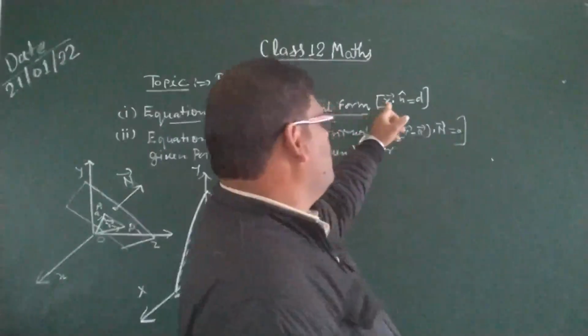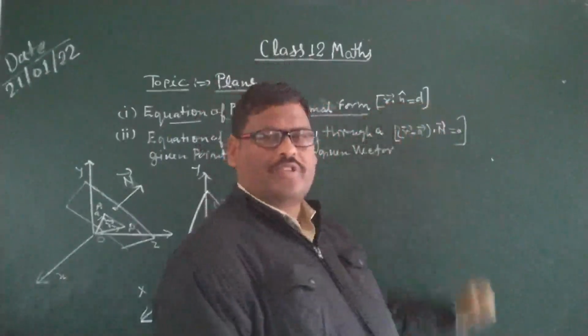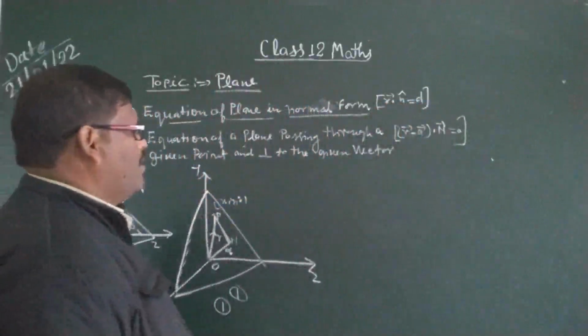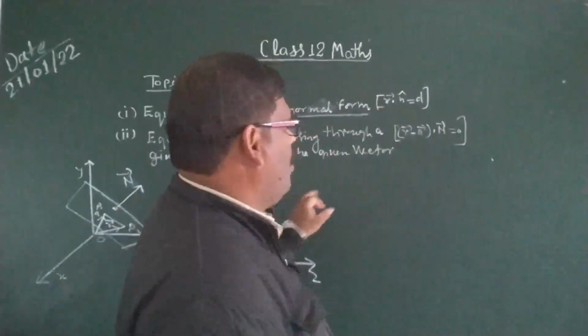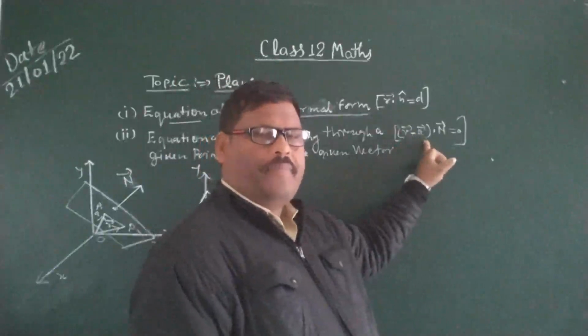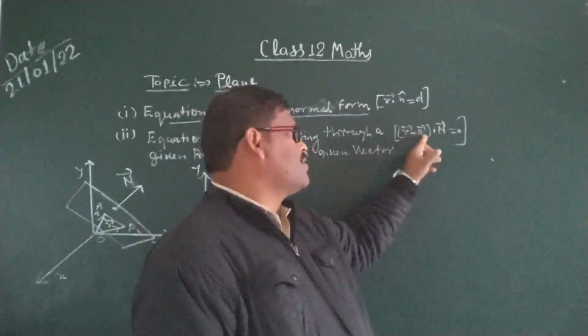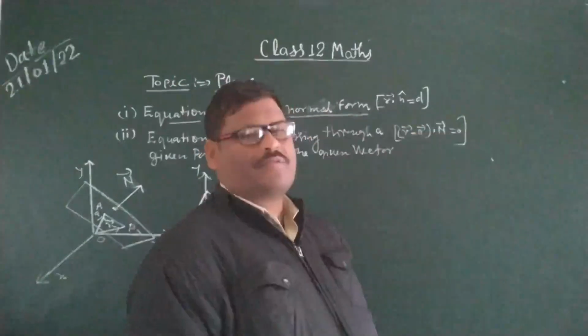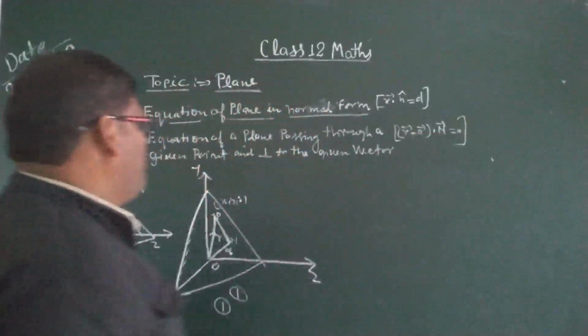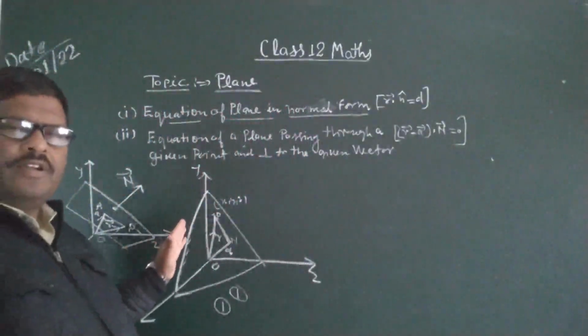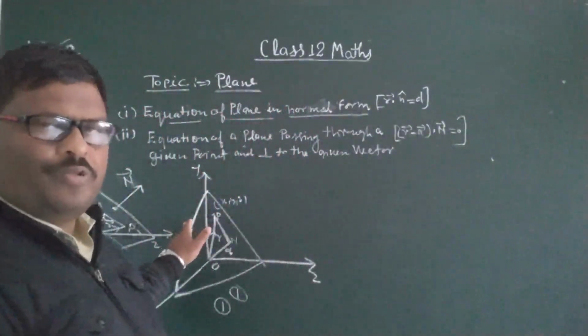That is vector r dot n cap is equal to d. And second, the equation of the plane passing through a given point A and perpendicular to the given vector n. That is r minus vector a dot vector n is equal to 0.